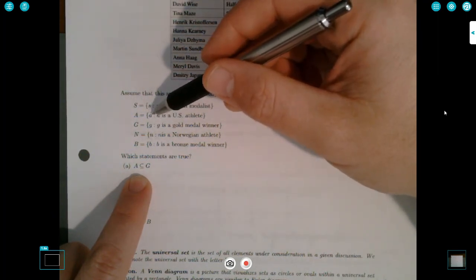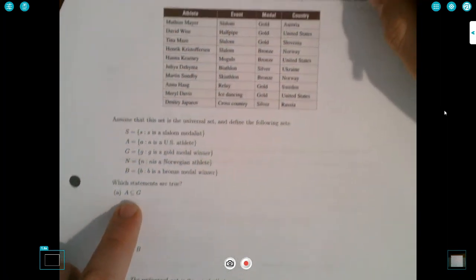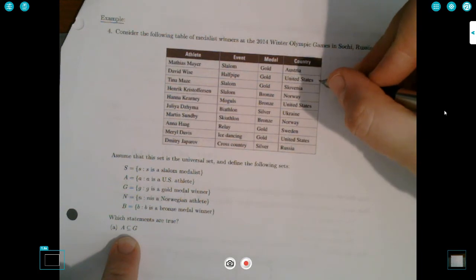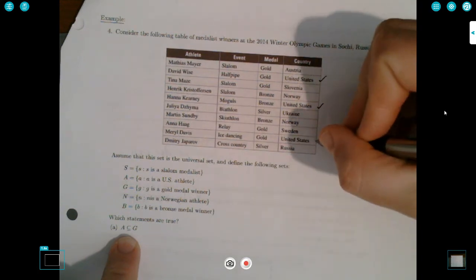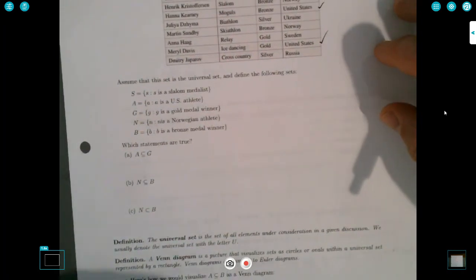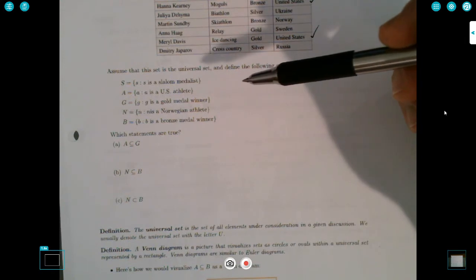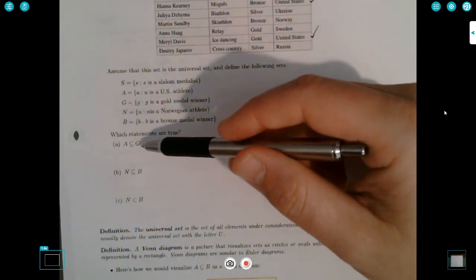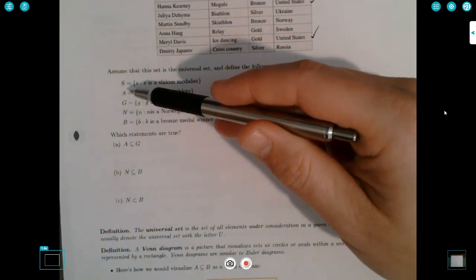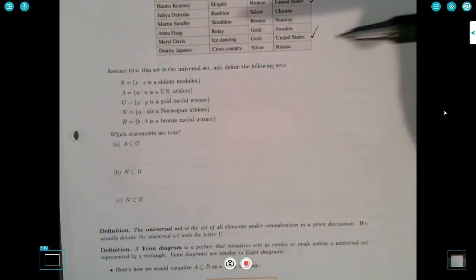So A is the set of US athletes. So that would be this person, and this person. A is a subset of G. So in order for A to be a subset of G, we would need for all of the elements of A to be elements of G. Well, what's G?